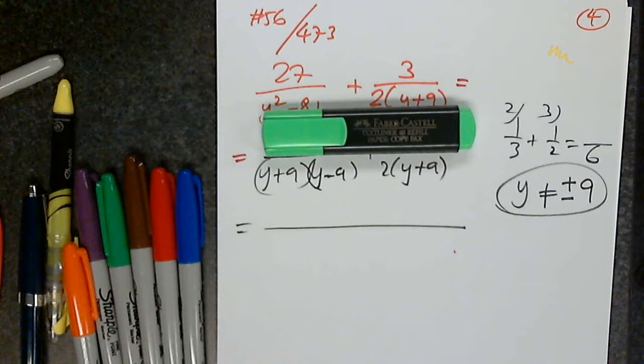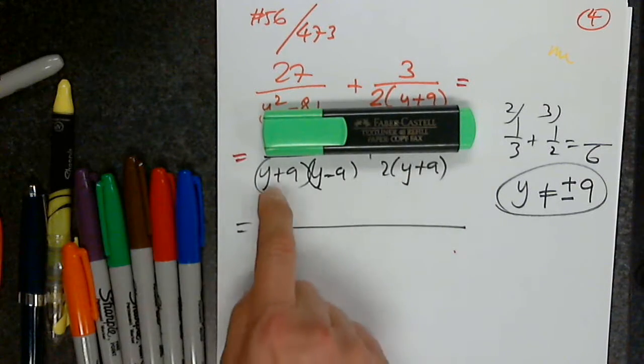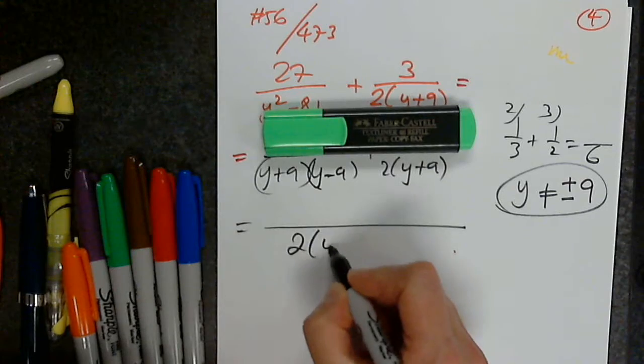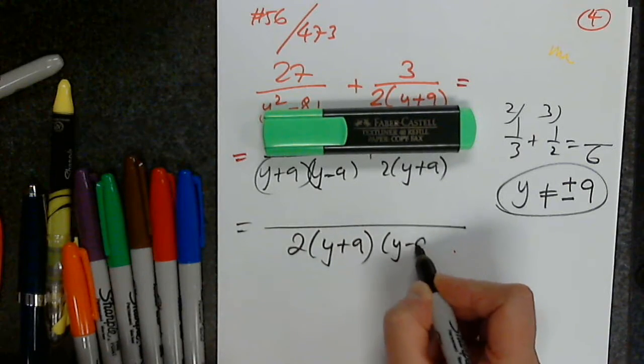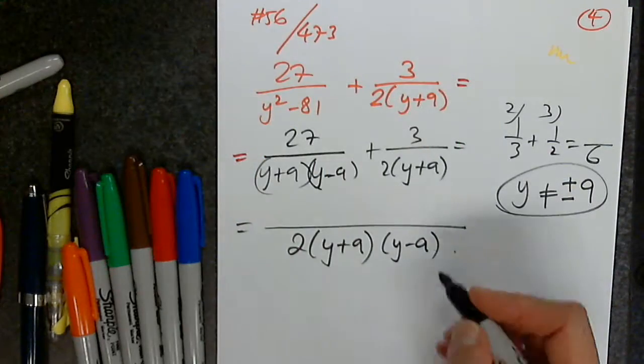2 times y plus 9. What about the third factor? So how many different factors do we see here? 1, 2, 3. All of them have to be in the least common denominator. Now I look.